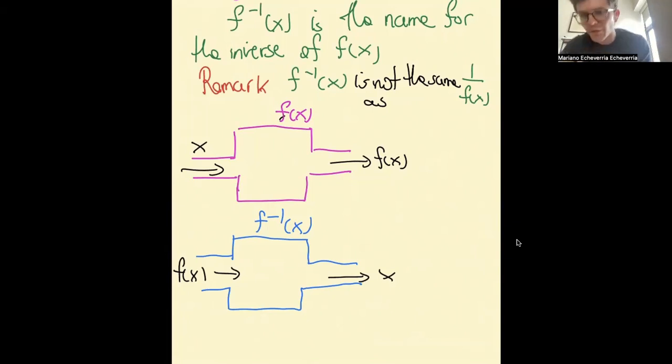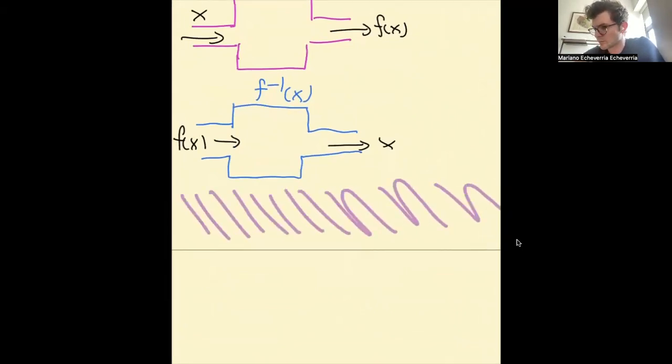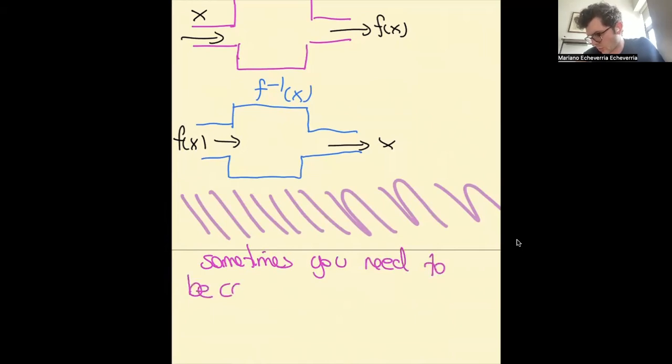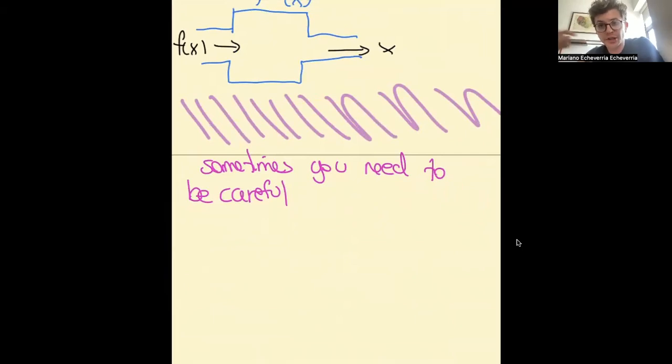So sometimes you have to be careful. For example, imagine that your function had been x squared.